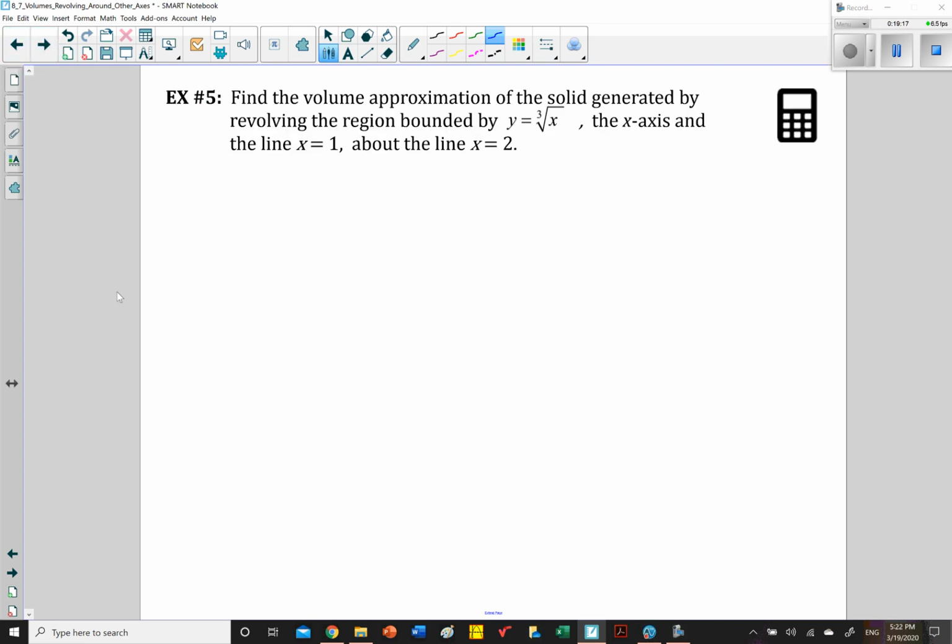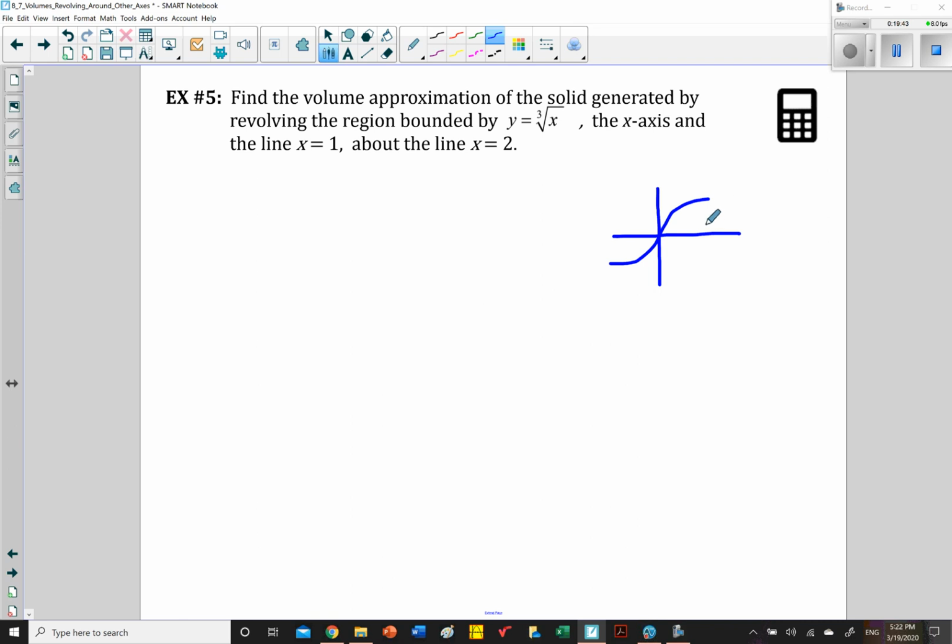This one's a calculator question. Find the volume approximation of the solid generated by revolving the region bounded by the cube root of x, the x-axis, the line x equals 1, and we're going to revolve it around the line x equals 2. So the cube root of x looks something like that.